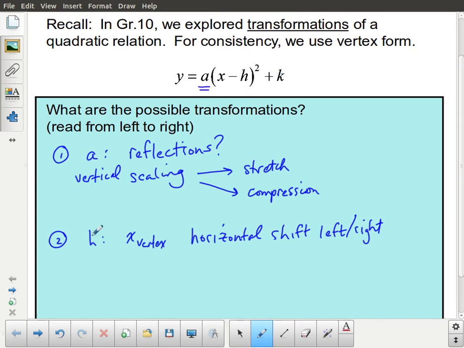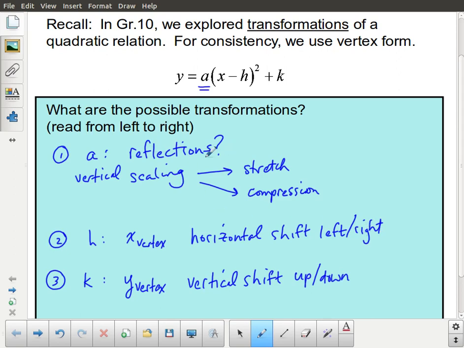And then finally, our third value is the k value, which is the y coordinate of the vertex. And that tells us the vertical shift, which would be up or down.